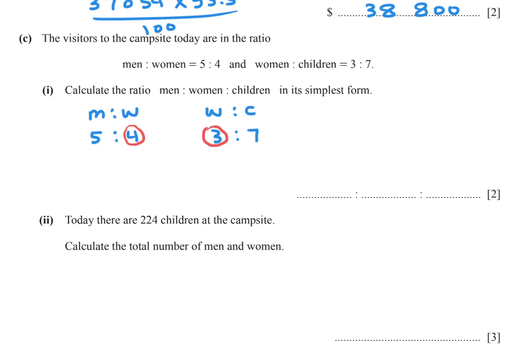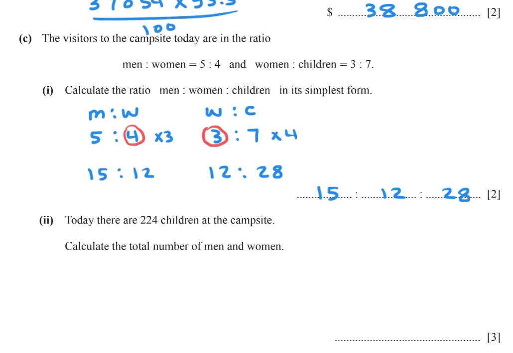So to have the same number of parts for women, multiply the first ratio by 3 and the second ratio by 4. So the first ratio is 15 to 12 and the second ratio 12 to 28. Now we have the same number of parts for women. So the ratio is 15 to 12 to 28.